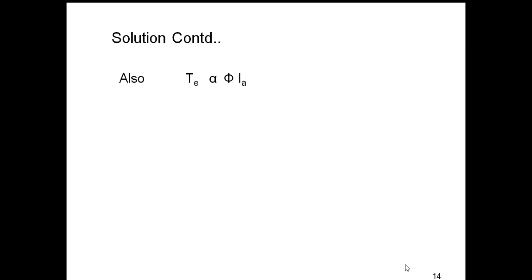And we know that the torque T is directly proportional to phi Ia, where phi is the flux and Ia is the armature current. From this we can write T is equal to K1 into phi 1 into Ia.